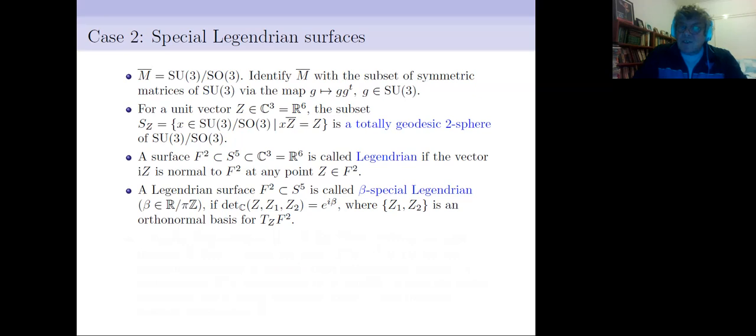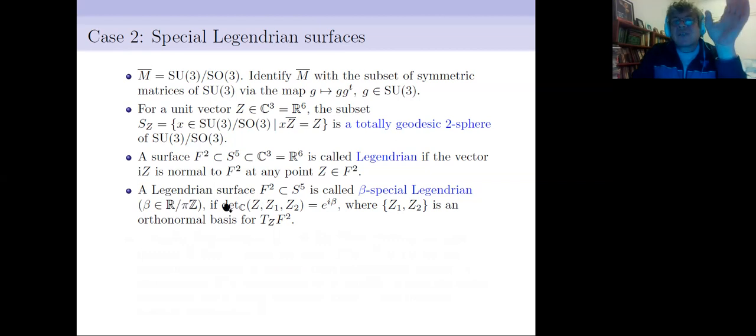We call a Legendrian surface beta special Legendrian if at any point we have this equation: the determinant of these three complex vectors is e to the power of ib, where z1, z2 is an orthonormal basis for our tangent space.